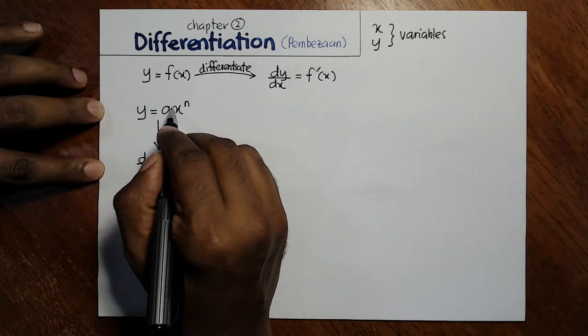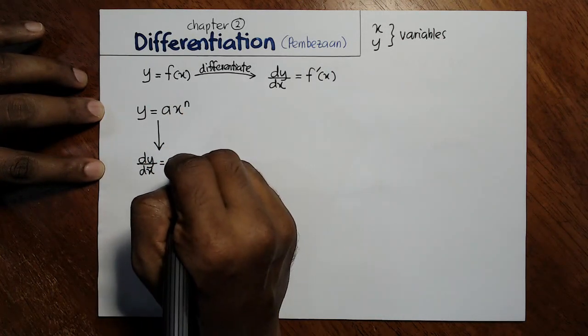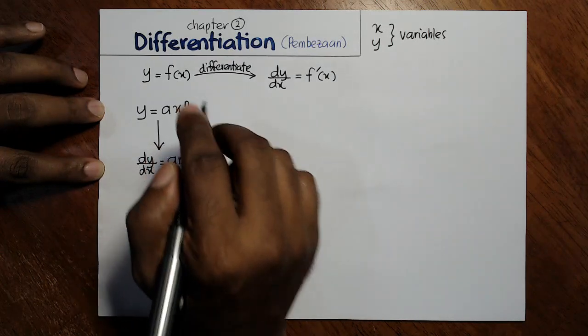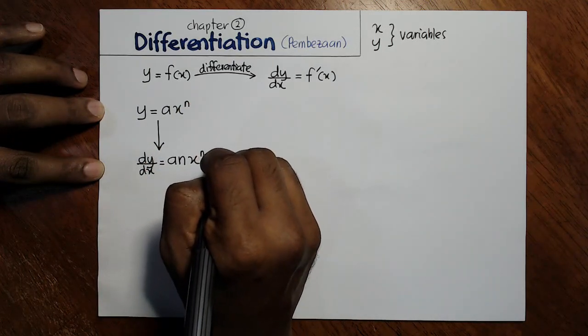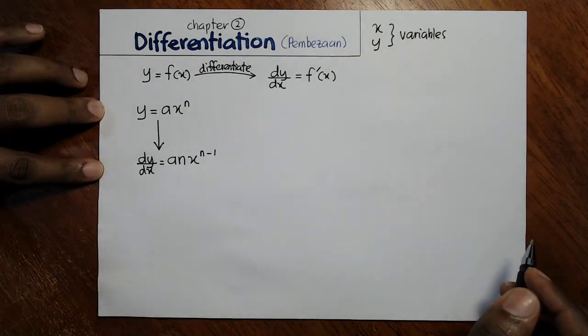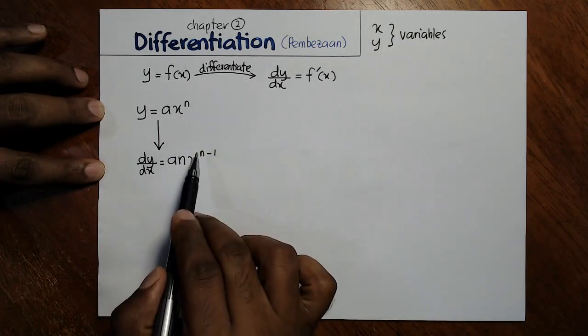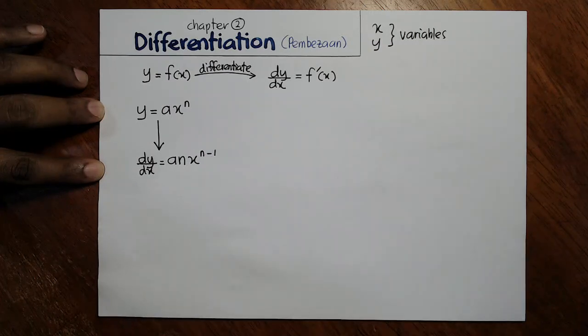You bring the n in front, so it becomes a times n. x will still be there, but the index of x you have to minus 1. So this is what happens every time you do differentiation. You bring the power in front and then minus it by 1.